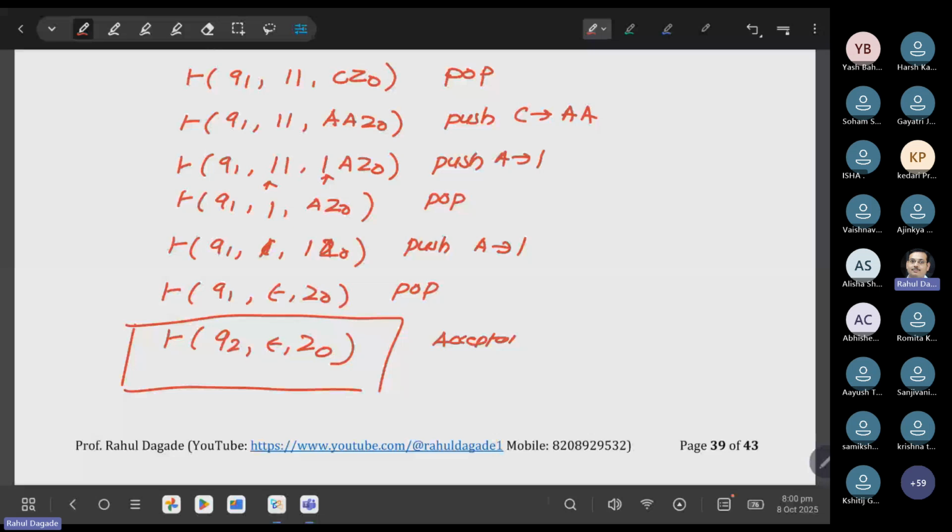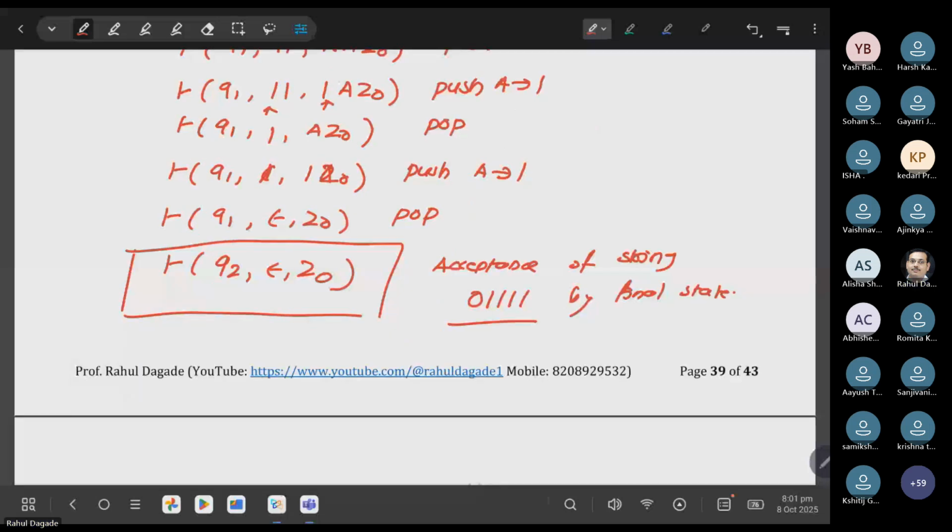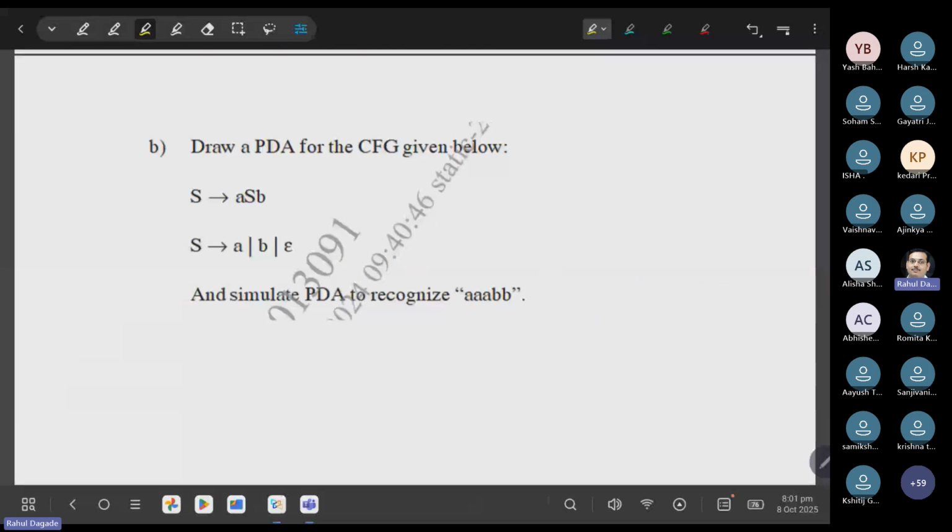All right, so this is how you have to do it. Now can you do it for this PDA? Draw PDA for CFG S gives AaB, S gives AB or null, and simulate it for recognizing AAA double B. So how many productions are there?